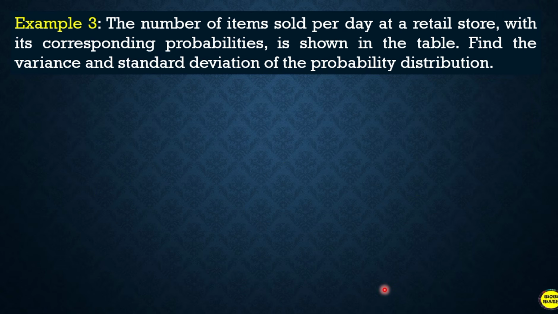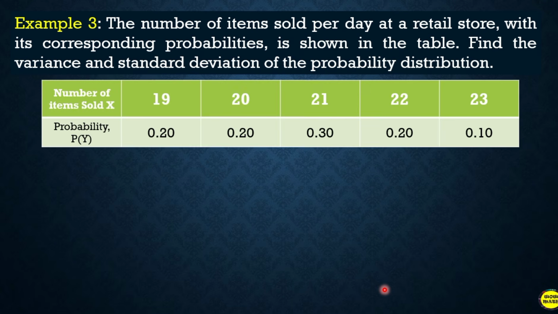Another example, the number of items sold per day at a retail store with the corresponding probabilities is shown in the table. So, find the variance and standard deviation of the probability distribution. So, for number of items sold, for 19, the corresponding probability is 0.20. For 20, that is 0.20.